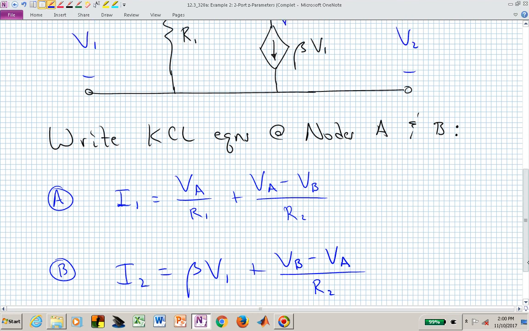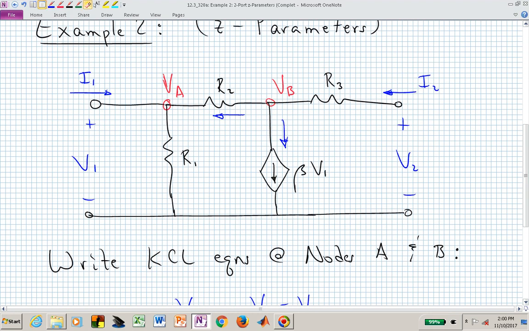Now we've defined the relationships for currents and voltages in this two-port network.